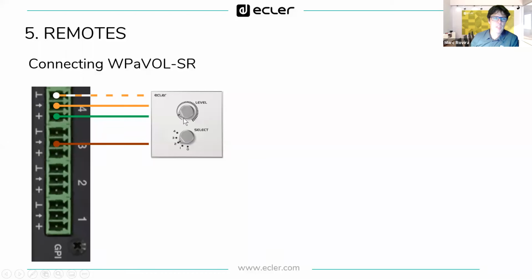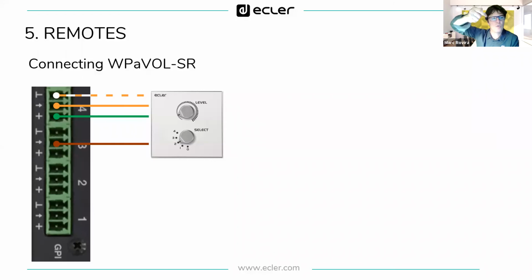But we want this to affect the corresponding cross point, so we don't want to affect the input because it will affect all the outputs, and we don't want to affect the output volume because it would mean that if it's at the minimum and we send a message from the pager, you will not hear it because the output is at the minimum.